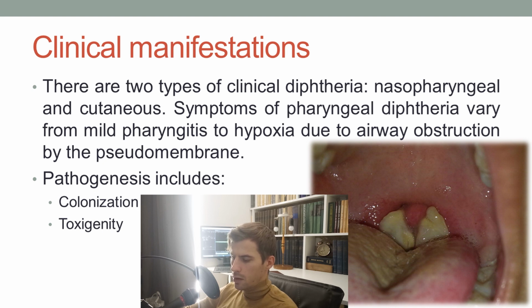The first one is colonization. It multiplies extremely fast, and it colonizes the mucous membrane or the skin. And the second one is toxigenicity. So this bacteria produces toxins, which make the infection more severe and more complicated.